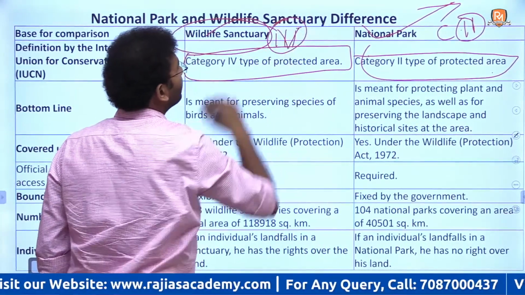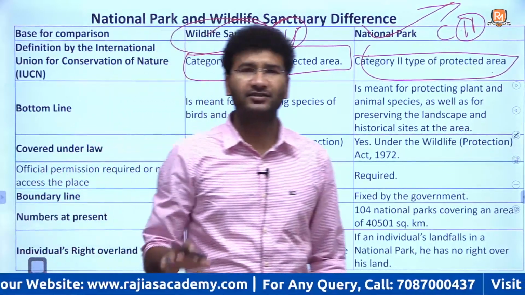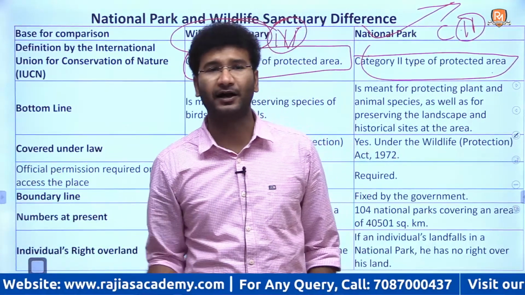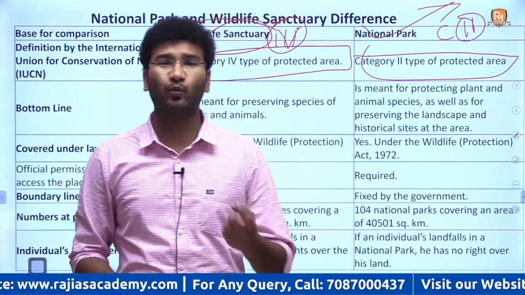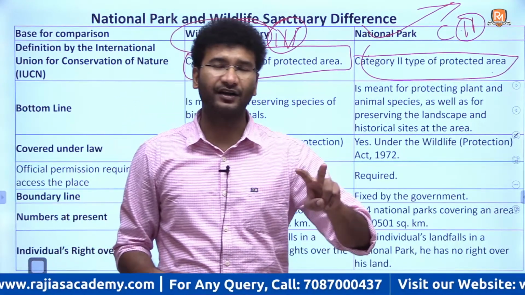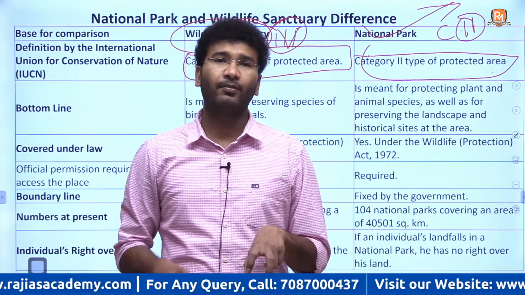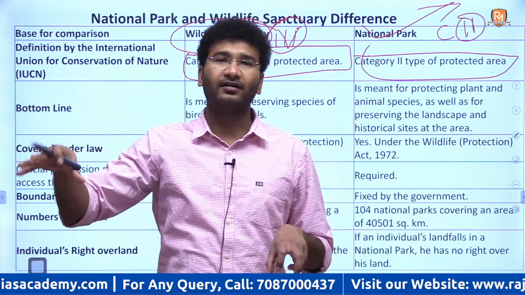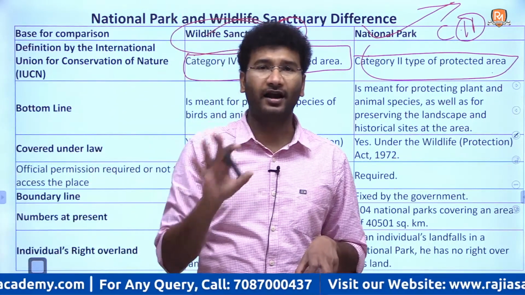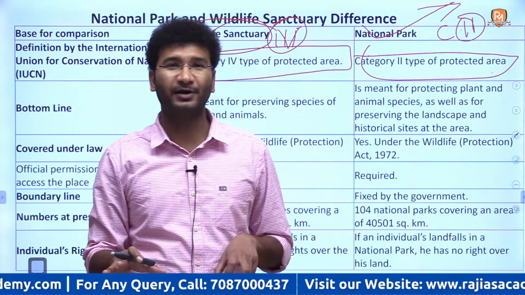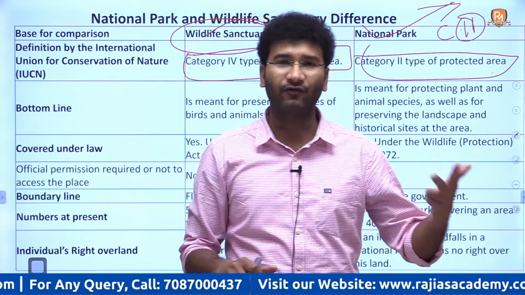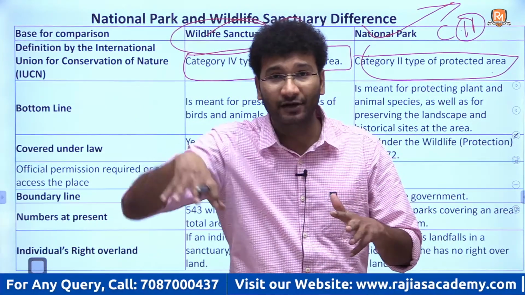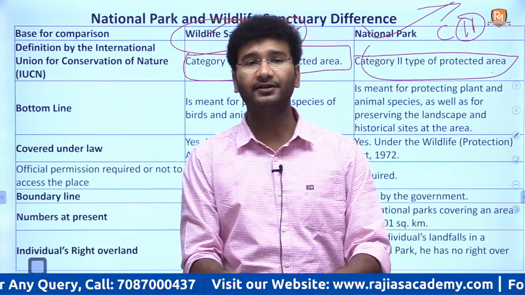That means the protection status for the wildlife sanctuary is lower compared to the national park, right? The ultimate aim of a wildlife sanctuary is to protect one single species or a couple of species present in the area. But a national park is a larger area, and its ultimate aim is to protect the biodiversity of that area along with the flora, fauna and the ecosystem involved, right?